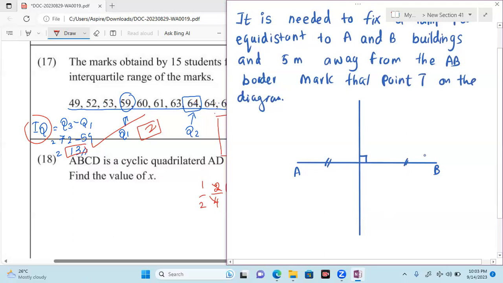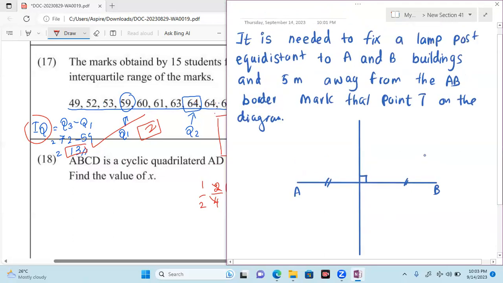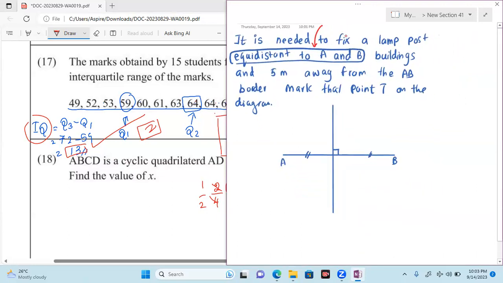A diagram is also given. This is a good problem: it is needed to fix a lamp post equidistant to A and B. Equidistant to A and B means equidistant to 2 points. Then what is the locus of this particular location?